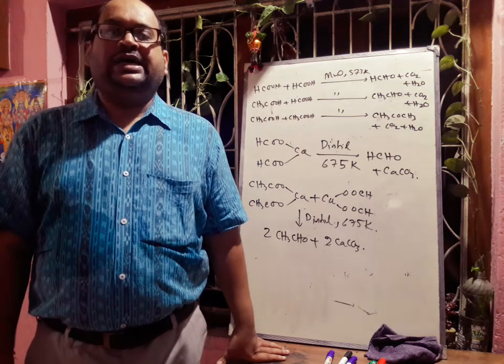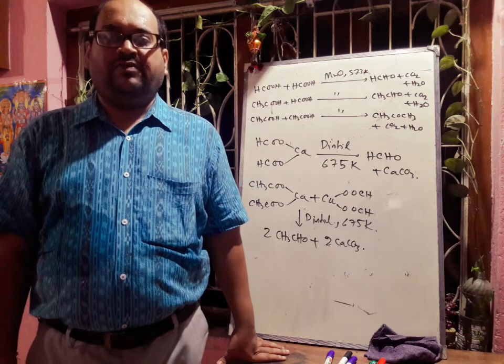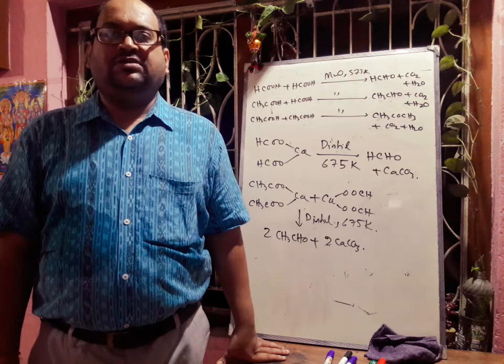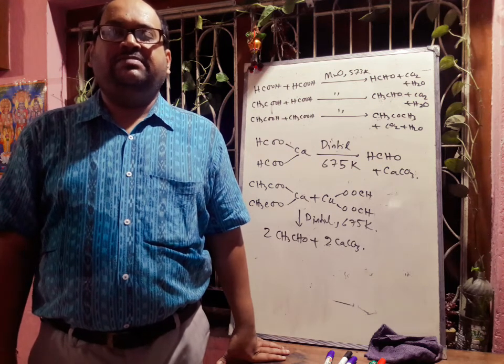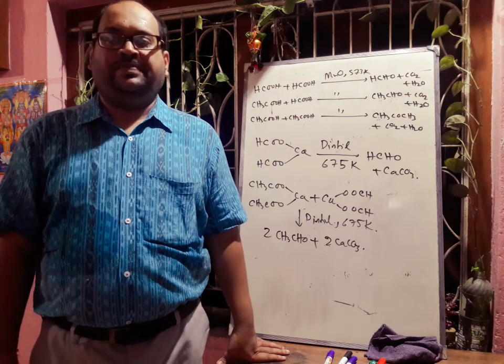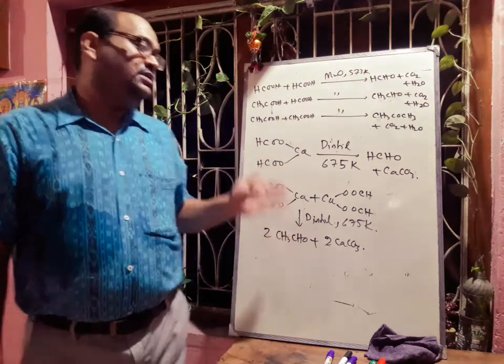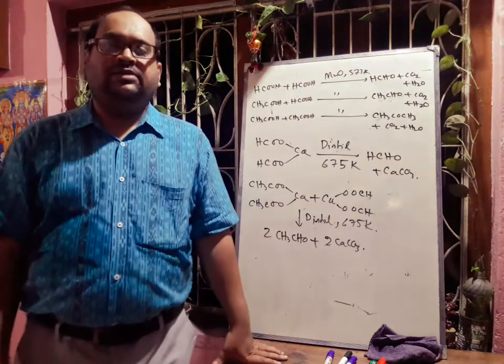But here the yield is very low or poor, because in this preparation of mixed ketones there may be mixture of products. Okay, so hope you can understand the preparation of aldehydes and ketones.